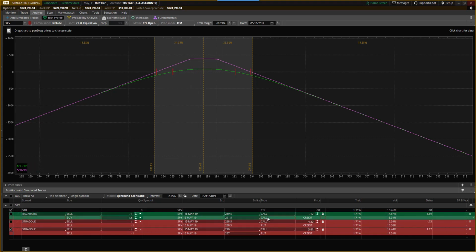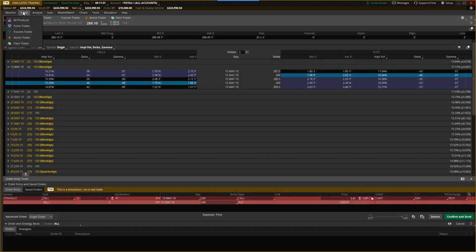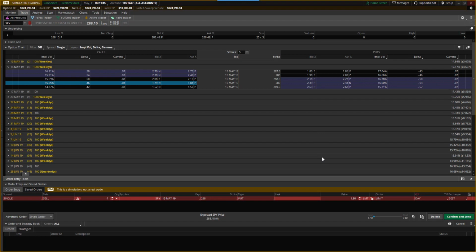The problem that I see a lot of people do with this trade is, first of all, unless you have the account rights or permissions, you can't just go out and sell an option.